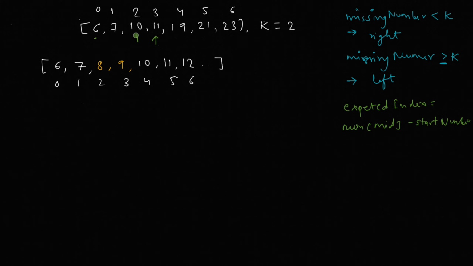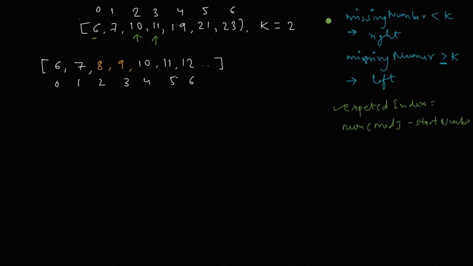If you're at 10, you're expecting the index to be 10 minus 6, which is 4. Whatever number you're reading, you subtract the start number, the beginning number, because that is the range. It would have been 1, 2, 3, 4, 5 in front of it. If that's not the case, you just subtract the starting number, and that will give you the expected index if there were no elements missing in the given input array. So that is how we find out the expected index.